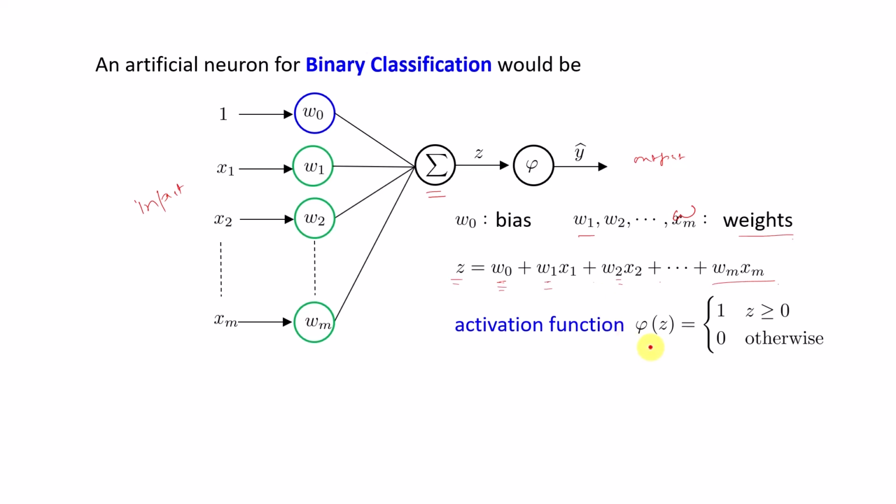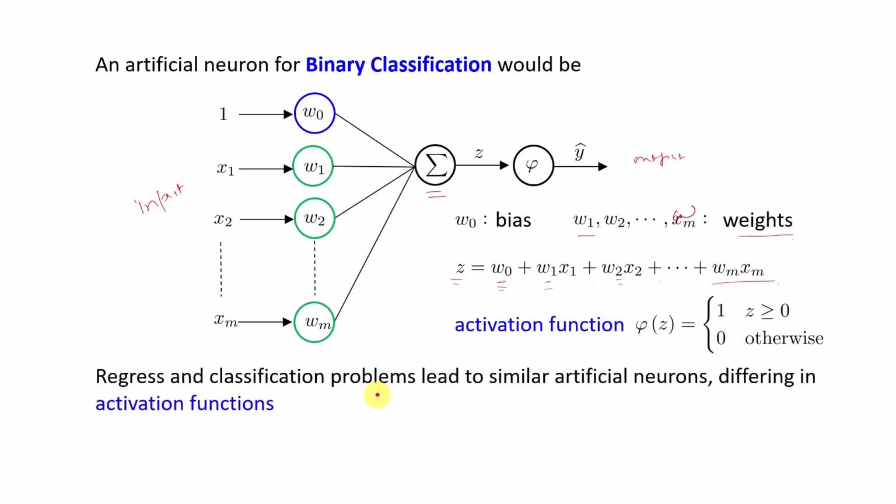But now you can see that we can have a different activation function because we want an output of 0 and 1. Therefore, regression and classification lead to similar artificial neurons, but the activation functions are different.